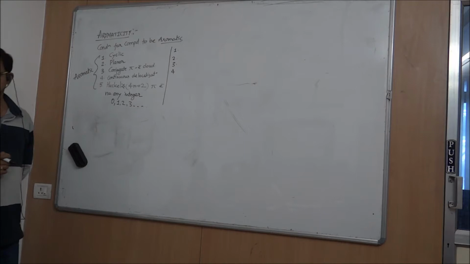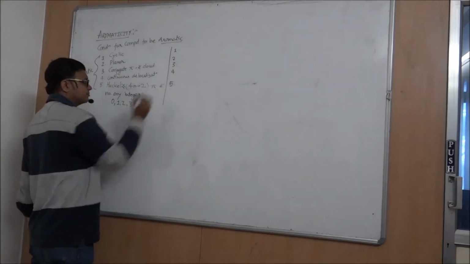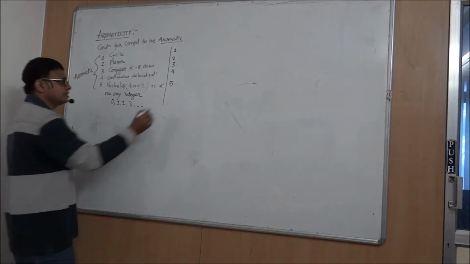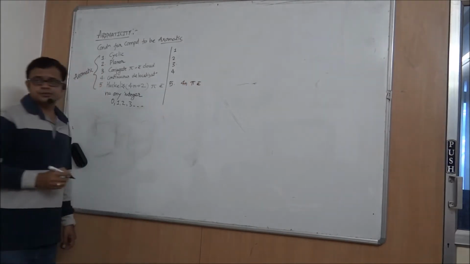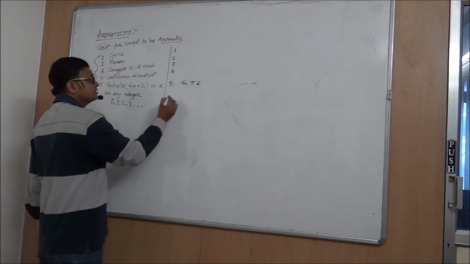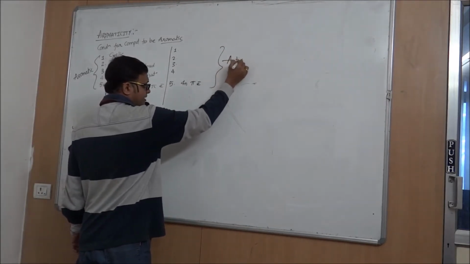So if it follows all 4 rules except the last one, that is, if it has 4n pi electrons, then such a system is known as anti-aromatic.